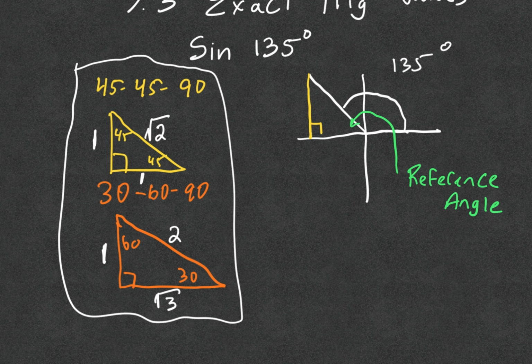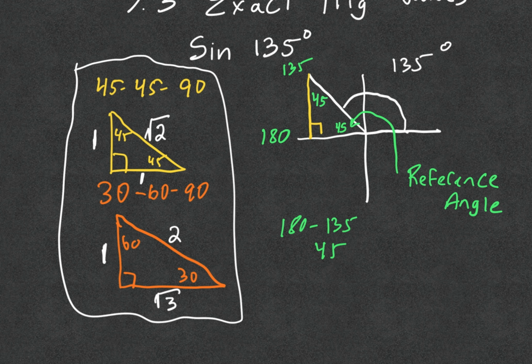So if I try to find the measure of that angle, I know right there is 180 degrees. I know right there was 135 degrees. If I go 180 minus 135, that gives me a 45 degree angle. So that makes the measure of that angle right there 45.